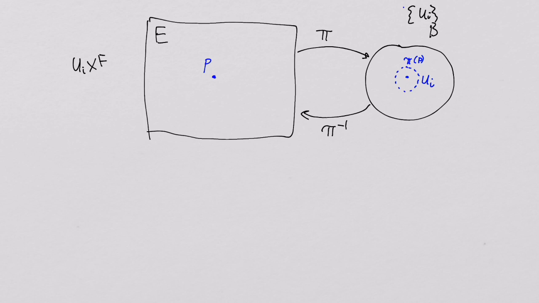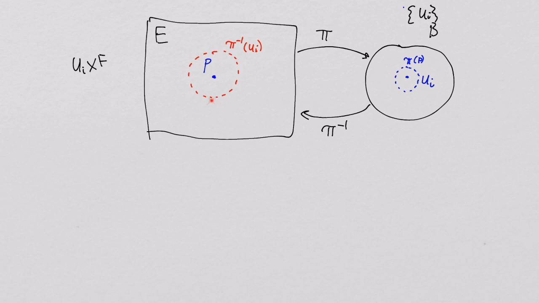Then I take that object and project it back through pi inverse, and I get something around P over here, which is pi inverse of U_I. Now I have a neighborhood around the point P in the total space that is connected to this bundle chart, this local trivialization. So what does that mean?